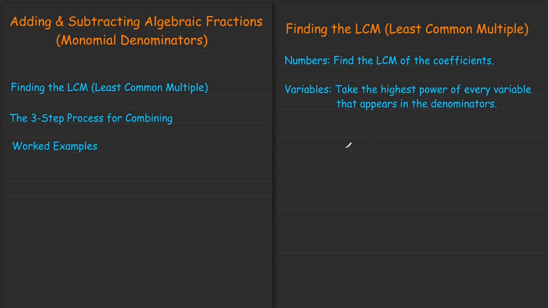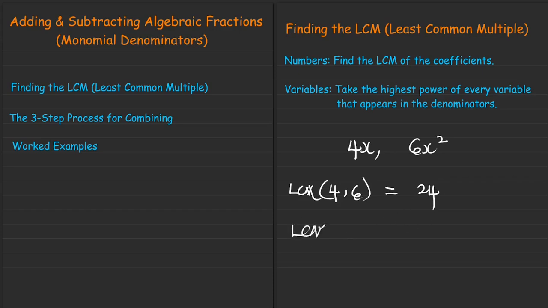If you have 4x and then 6x squared as the denominators of two algebraic fractions, then let's consider the numbers. So 4 and then 6. What is the lowest common multiple of 4 and 6? We all know it would be 24.